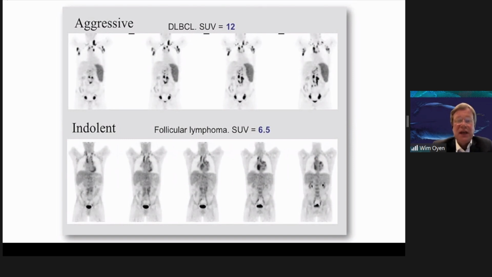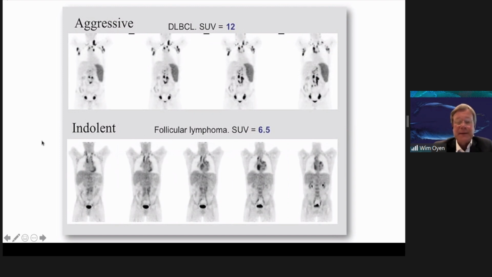And as you can see here, there is quite a distinct difference between aggressive and indolent lymphoma. In the top row, you see the high uptake in aggressive diffuse large B-cell lymphoma and the still positive but less striking FDG avidity in follicular lymphoma.